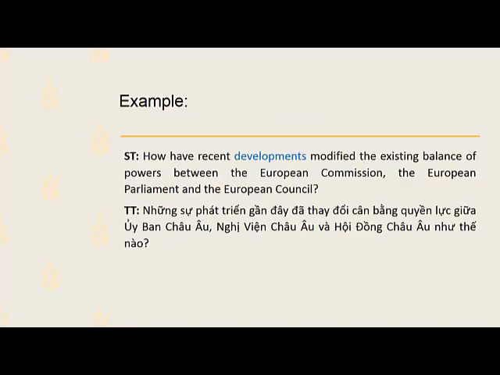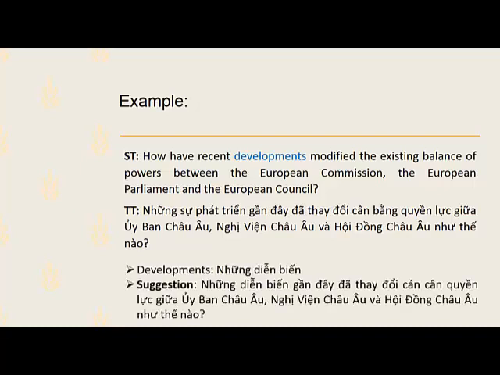For example, the source text: how have recent developments modified the existing balance of power between the European Commission, the European Parliament, and the European Council, and the target text: những sự phát triển gần đây đã thay đổi cân bằng quyền lực giữa Ủy ban châu Âu, Nghị viện châu Âu và Hội đồng châu Âu như thế nào. In this case, the translator misunderstood the word developments.